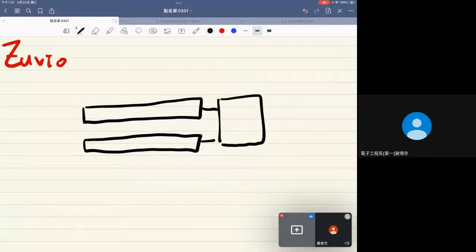We have a high frequency transmission line, and this transmission line has a length L. Please prepare your paper, then start to draw this picture again. Then I will start my question as the review, okay?